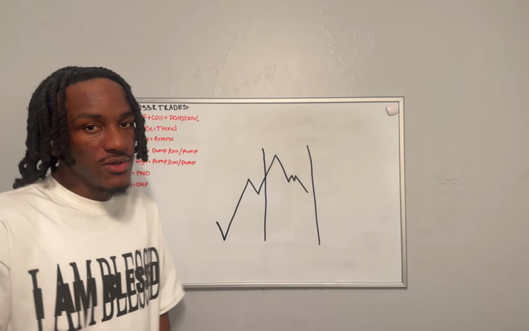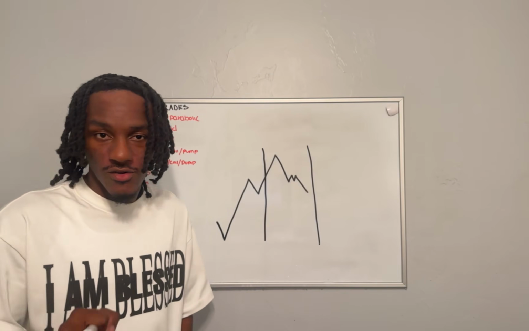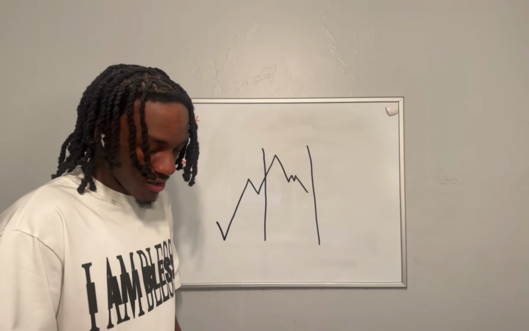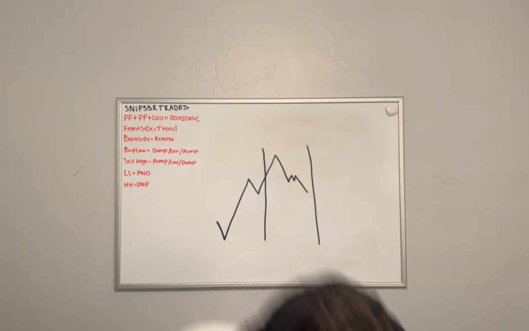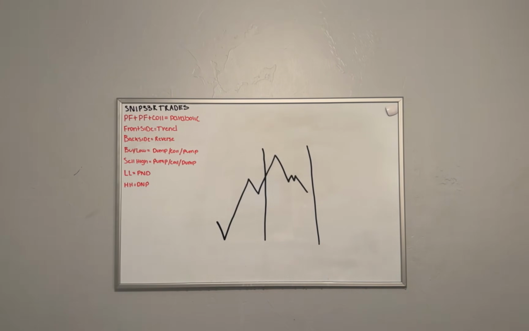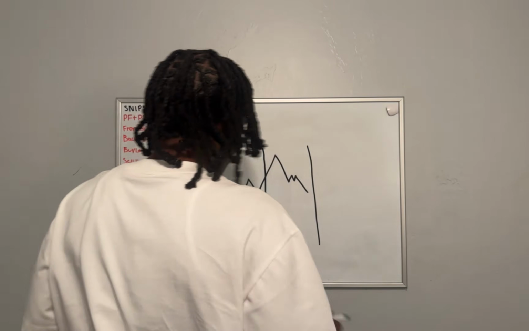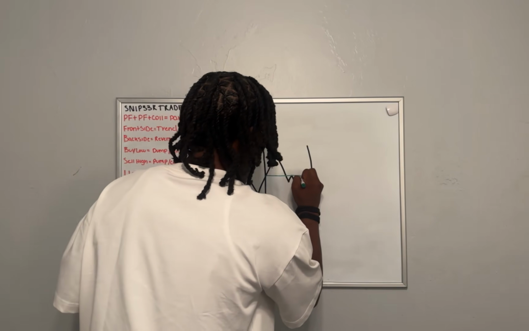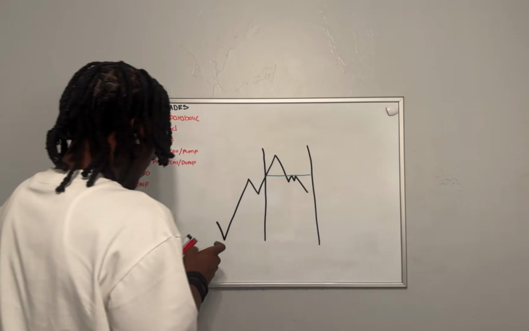This is going to be a game changer for you first red day traders that just don't get it. Now, let's say this is our closing price. This is the first red day signal.